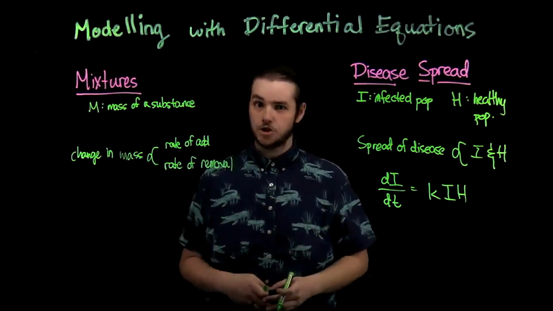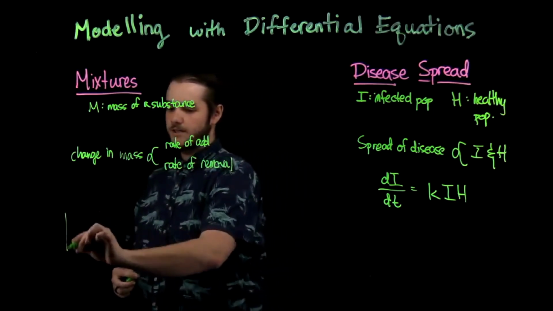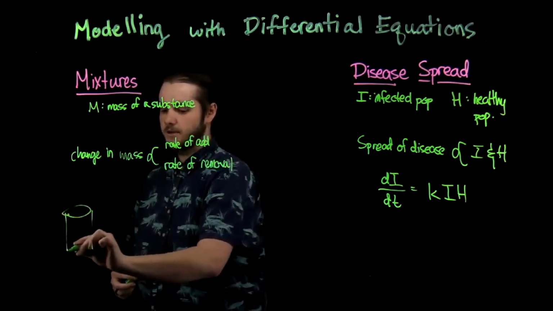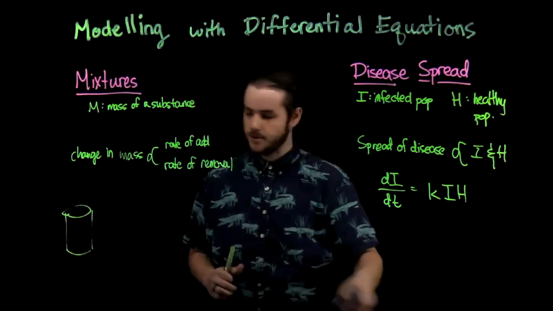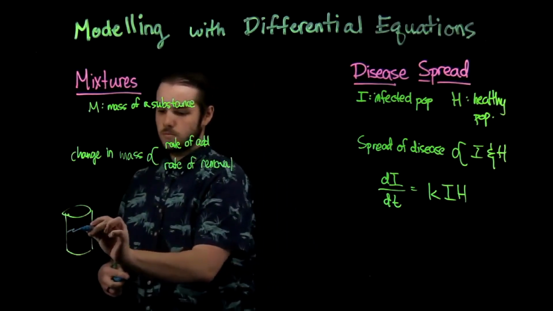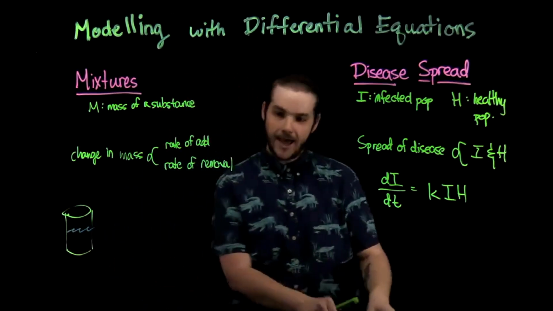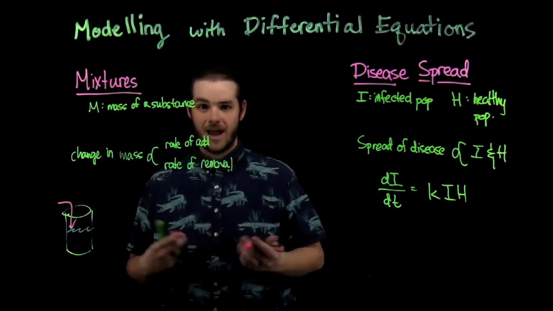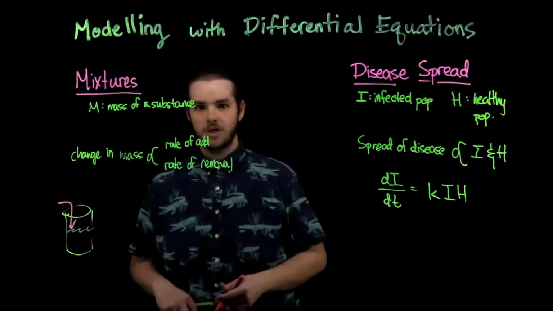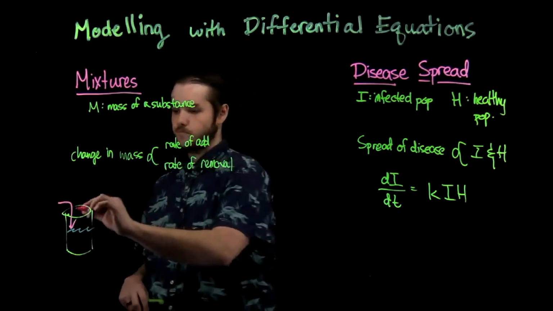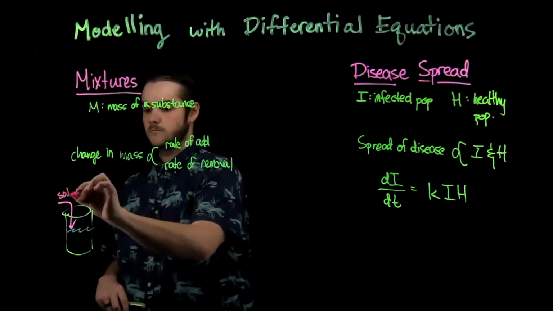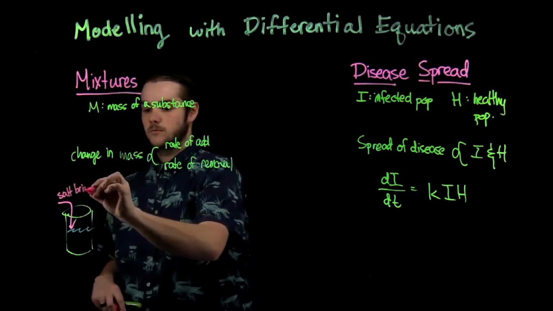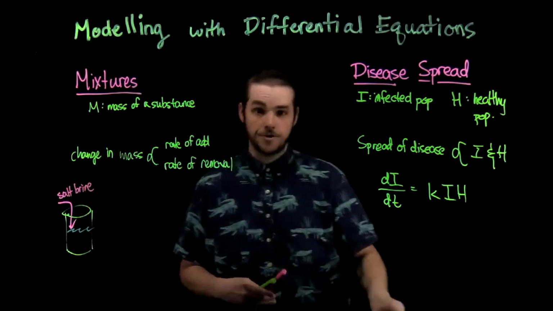To give you a picture to think about, suppose you've got some tank and it's got some fluid in it, and you're adding to that fluid a solution. Let's just say maybe it's salt brine. And inside the tank, you're thoroughly mixing it.